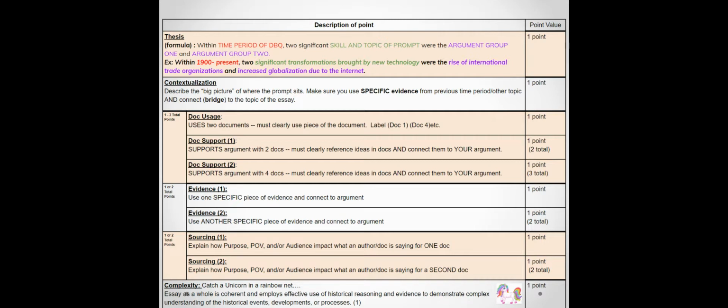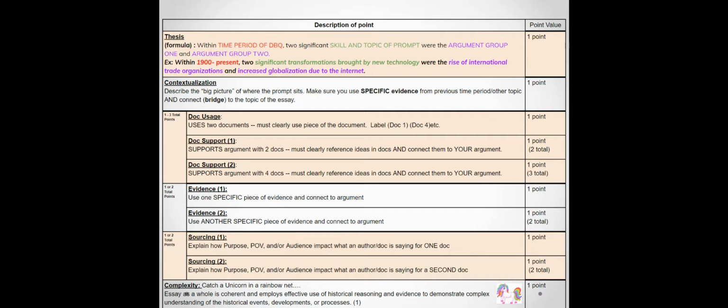You are the APP. You had to do that for 4 documents, guys, last year. Well, now you have to do it for 1. Purpose, point of view, or audience for 1 document. That gets you 1 point. Now do it again. So now you have to do it for 2 documents for 2 possible points.